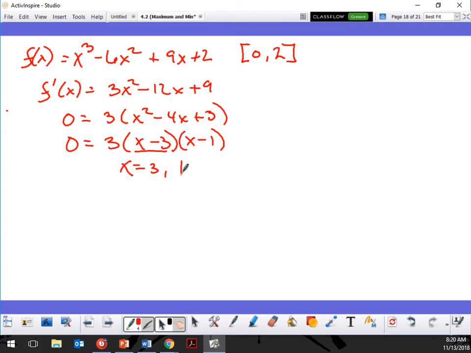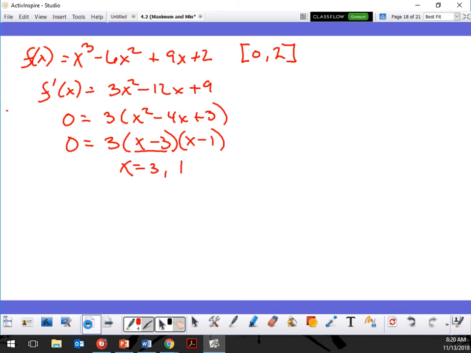My interval is from 0 to 2. What's the problem I have? 3 is outside of my interval. So do I include 3 in what I'm doing? No, because I'm only talking from 0 to 2. That's it. There are my critical numbers.